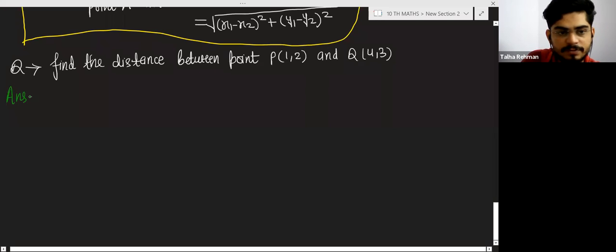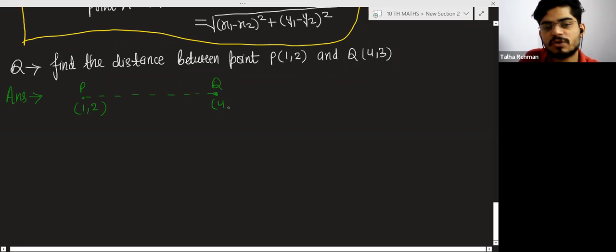Two points are given. The coordinates of point P are 1, 2, and another point Q is given with x coordinate 4 and y coordinate 3. This first one is the x coordinate, and the second one is the y coordinate.